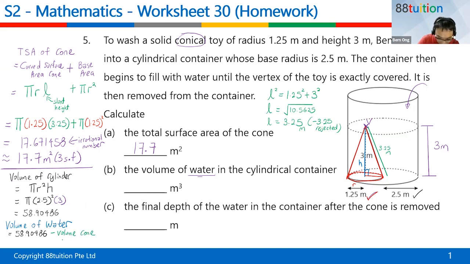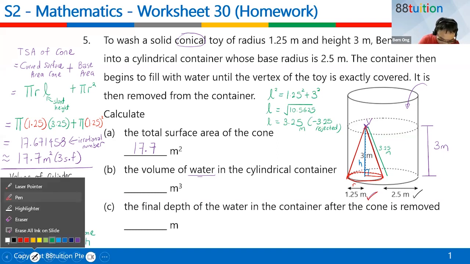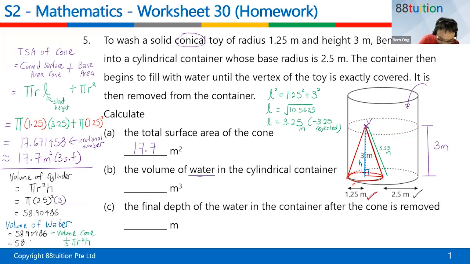And how do you find the volume of cone? The volume of cone formula is given as 1 over 3 pi r squared h. I purposely write out all these formulas so that I can see things clearly, so when I do my substitution, I will not have any careless mistake.